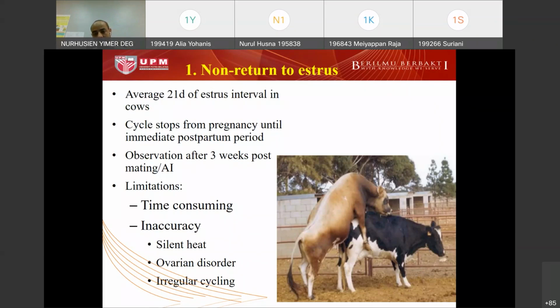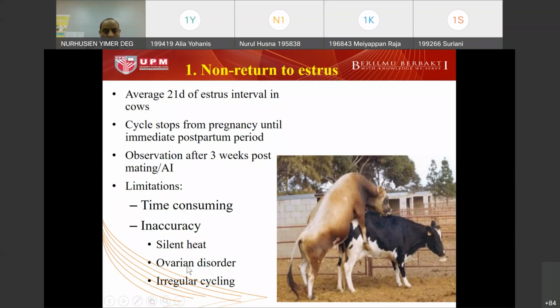Silent heat means the cow is able to cycle, is able to ovulate, but doesn't show the behavioral manifestation of the estrus signs. So I hope you understand what estrus signs mean: the behavioral expressions of the signs of heat that are exhibited by a cow on heat. So this is one of the challenges.